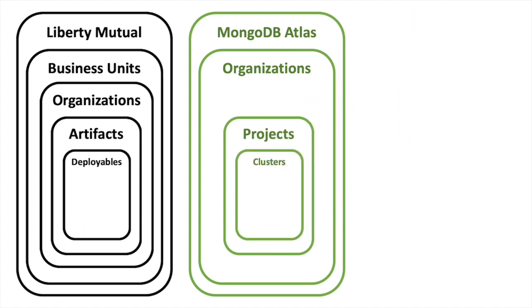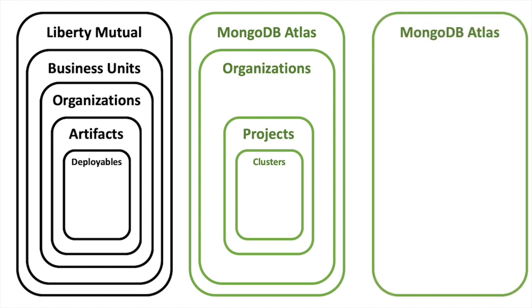However, that doesn't match up too well because they have lots of users and settings at the project level that we may want to have different than from our dev and test and production environments. And so we really want to be able to control all of that at the deployable level.